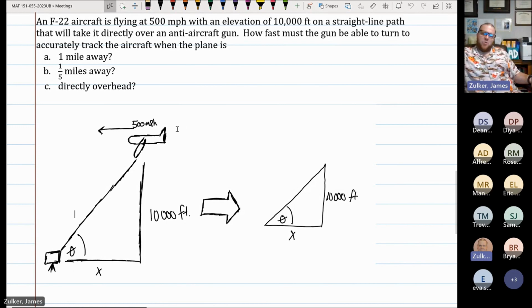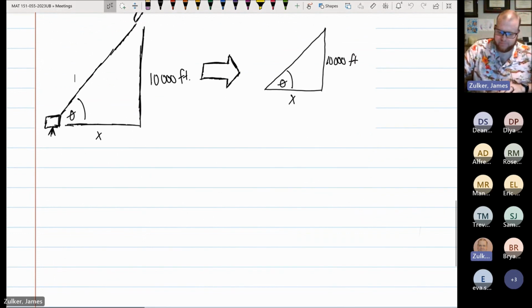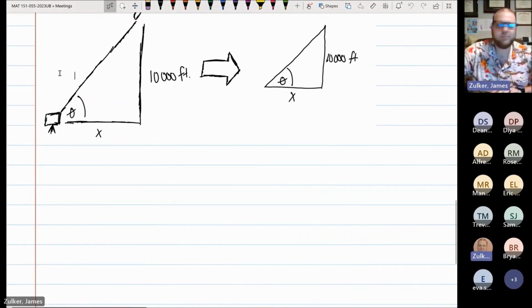And we know it's flying towards at 500 miles per hour.